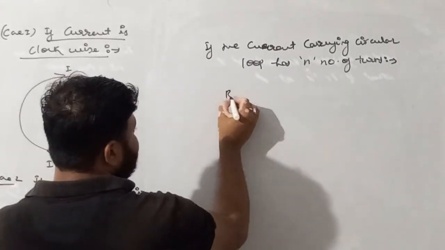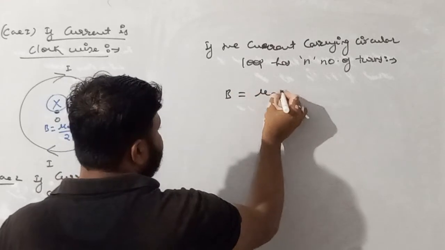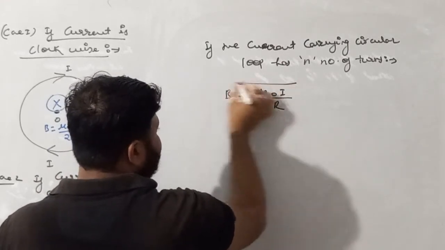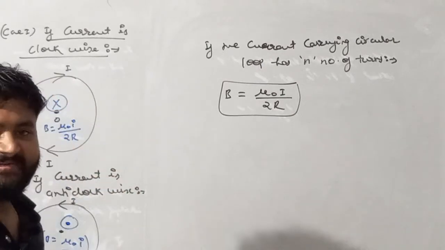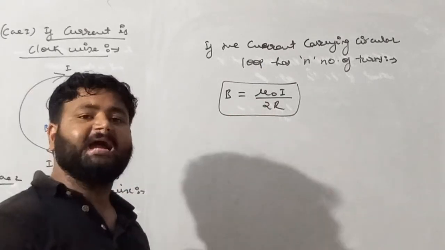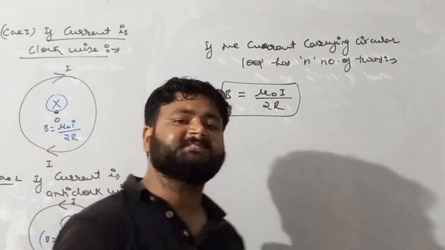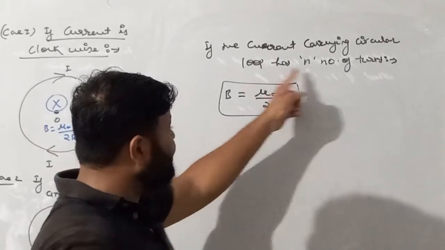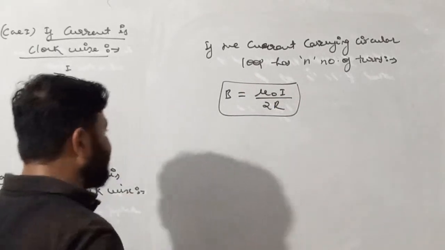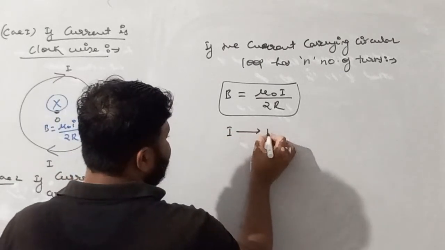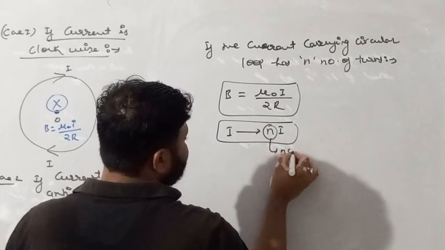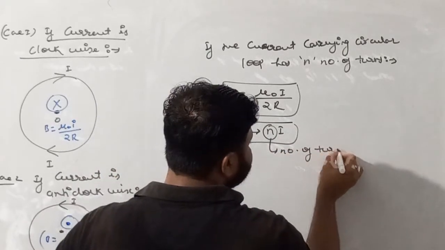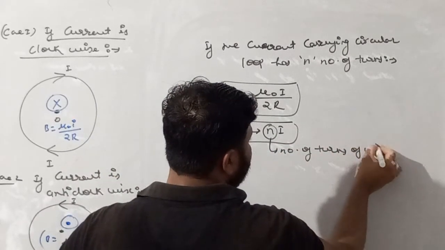So the magnitude of magnetic field is mu naught I by 2r. This is the value of magnetic field if only one turn is present at the center of the current carrying circular loop. If n number of turns are present, my dear student, then we have to replace I by nI. Remember, n is nothing but number of turns of wire.